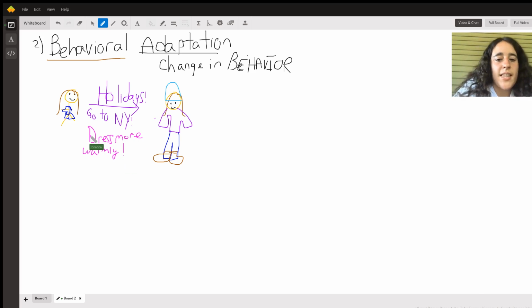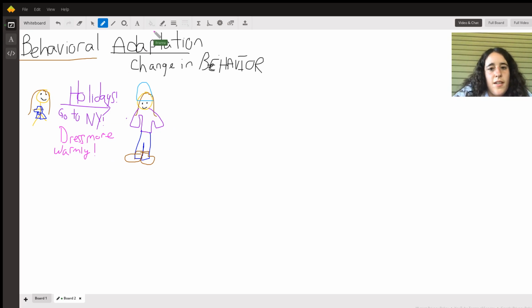Other animals can make these adaptations too. So let's say I have my two little puppies, and I bring my two little puppies with me to New York. When we're in Florida and my puppies are hot, they make some choices to stay cool.